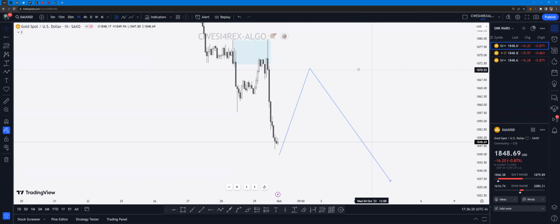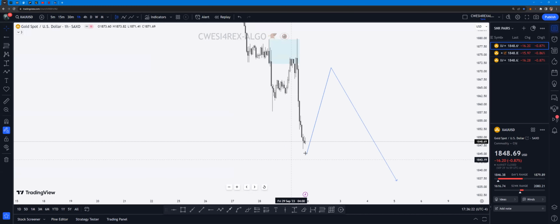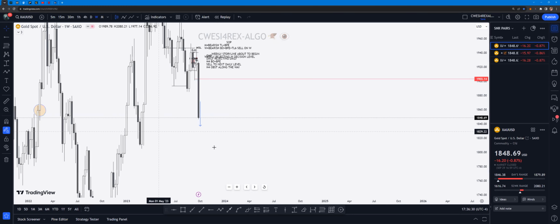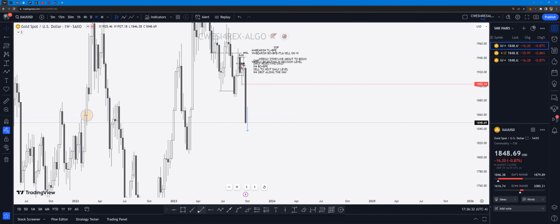So I'm just waiting for a pullback and I'll continue the sell. That's if price is reversing from no man's land. Okay, if price is reversing from no man's land.